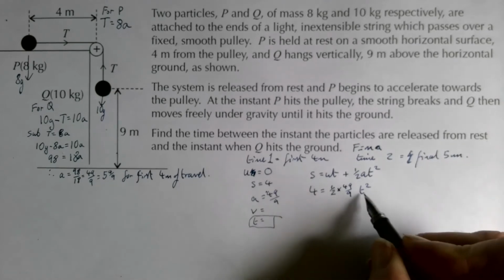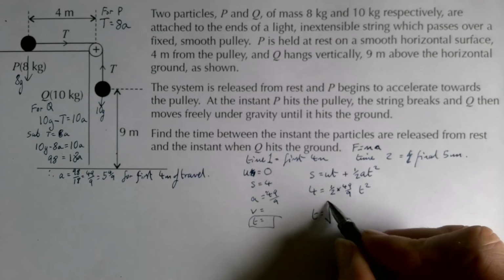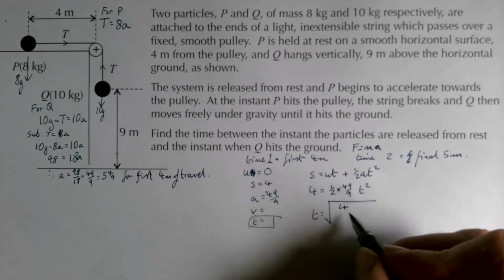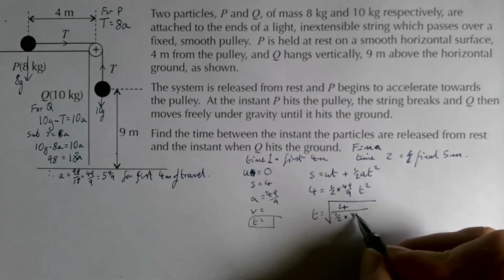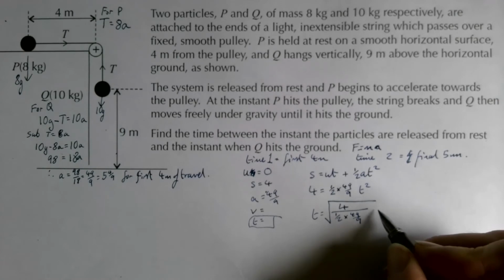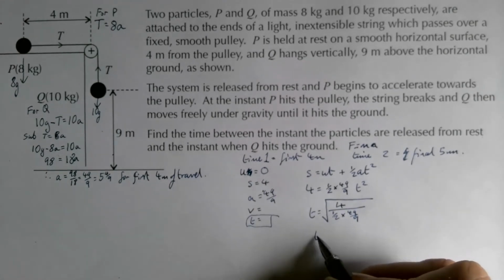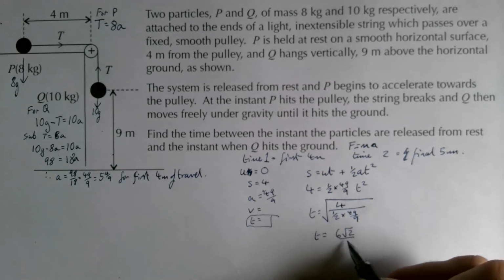So T is going to equal, because we can put this all in our calculator in one go, can't we? 4 over a half times 49 over 9.